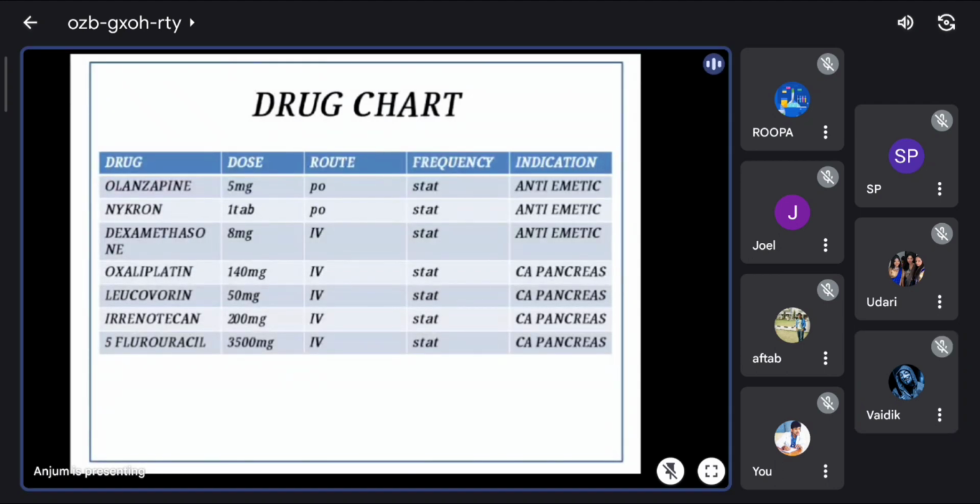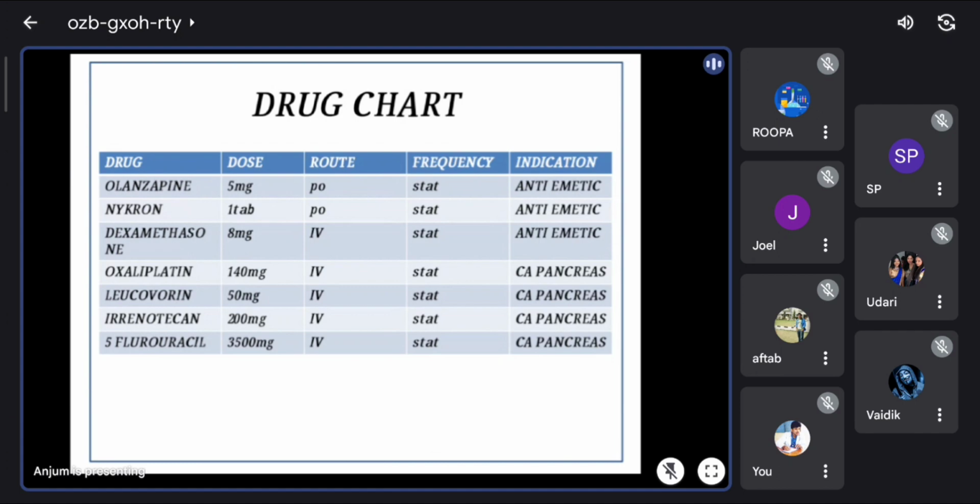For nausea and vomiting, we have classified chemotherapy drugs based on their tendency to cause it. This tendency is called emetogenesis. Based on emetogenesis, we have classified the drugs into three categories: highly emetogenic, moderately emetogenic, and low emetogenic. Usually platins and higher doses of cyclophosphamide come under highly emetogenic.